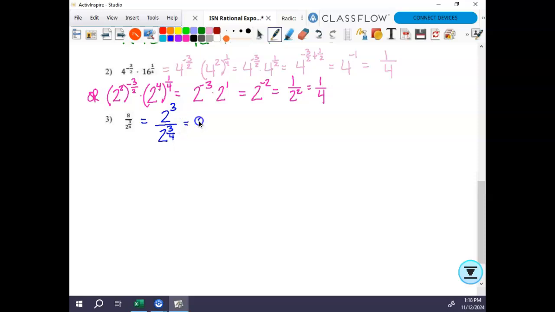So this becomes 2 to the 3 minus 3/4 power. What do I need in order to subtract? Common denominator. What would my common denominator be? 4. So this is going to be 2 to the 12/4 minus 3/4 power, which gives me 2 to the 9/4 power.